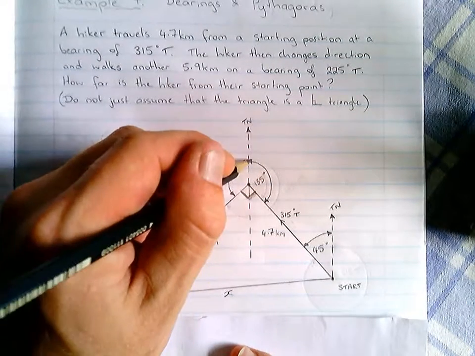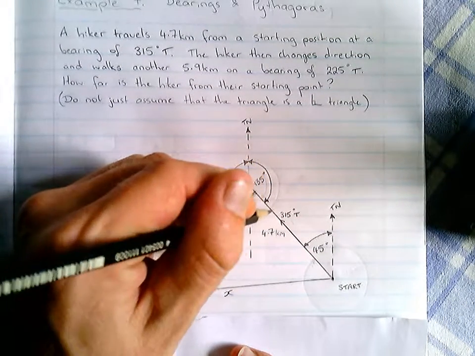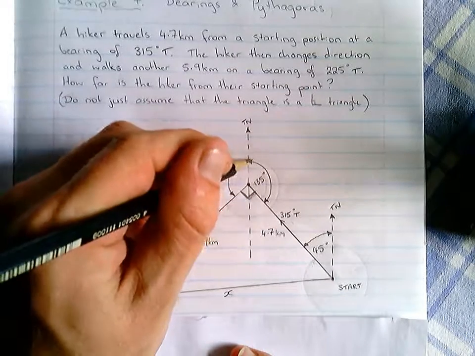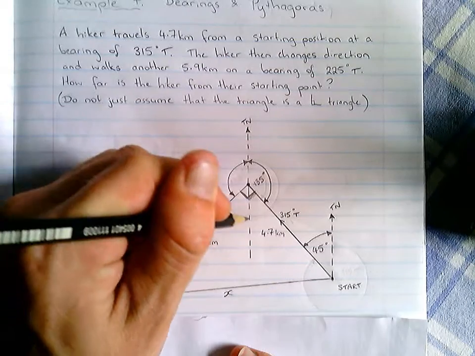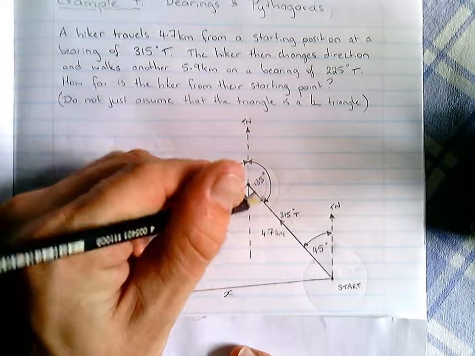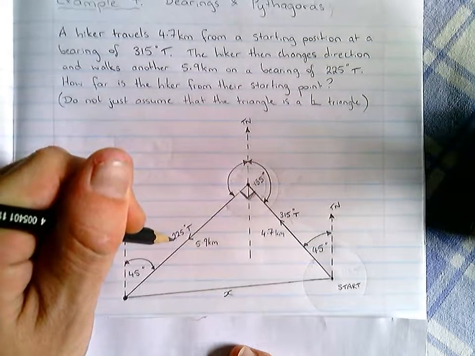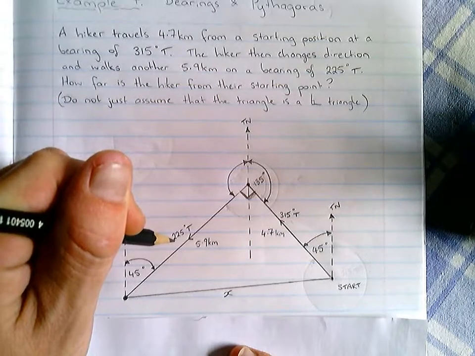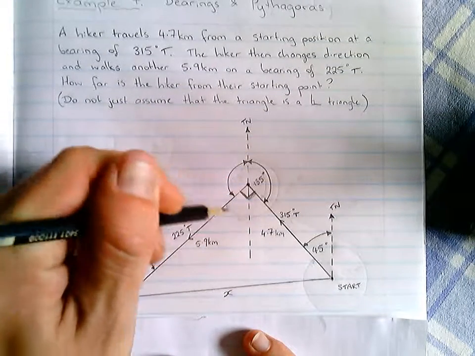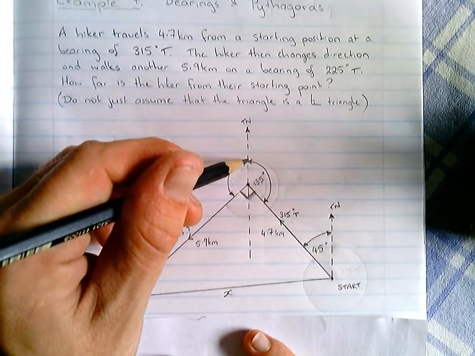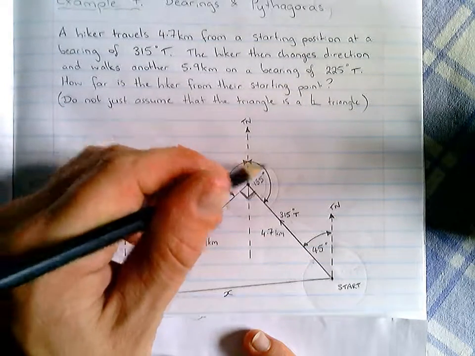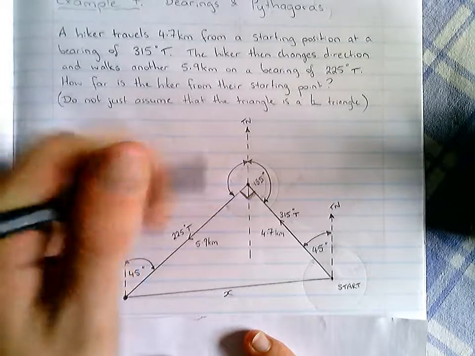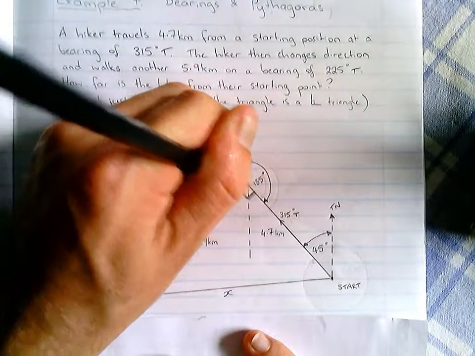If we know that the bearing for the second leg, being the lightly drawn in curved angle here, is equivalent to 225 degrees true, and there's 360 degrees in a circle, then this angle must be equal to 360 take 225, which is equal to 135.